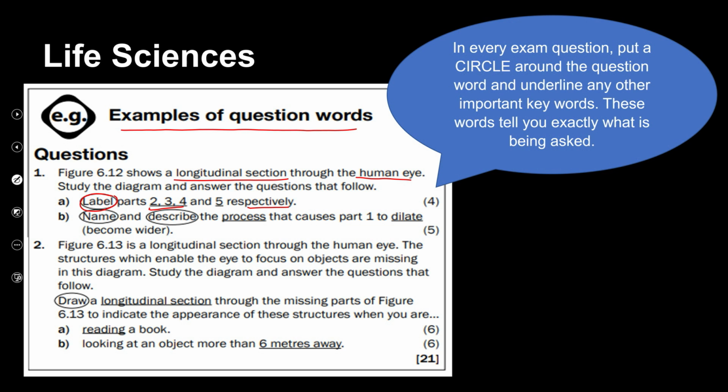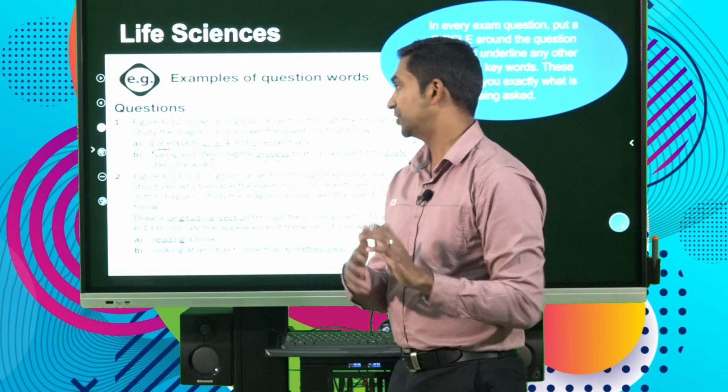The next question: name and describe the process that causes part 1 to dilate and become wider. So guys, that's a combination of two question words. It requires you to name as well as describe a process, and it's specific to a specific area. So notice that in this I was able to identify different components of the question and point that out.